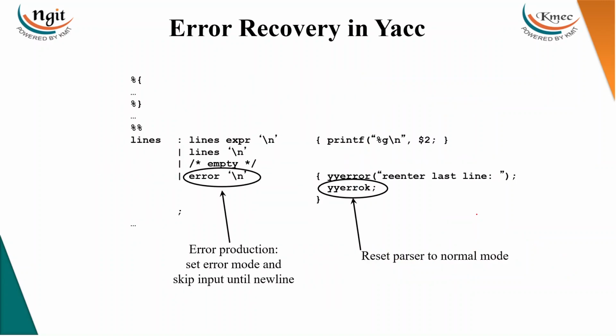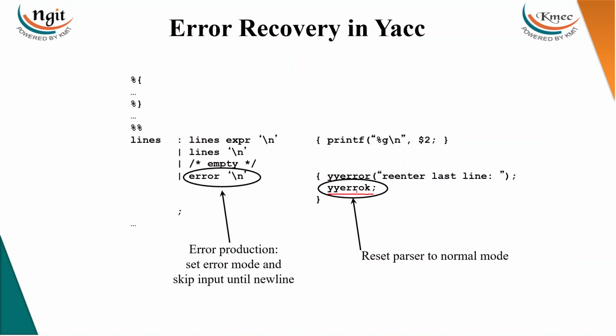Here we have one more concept called error recovery in Yacc. Assume that we have an error here. Set error mode, skip input until new line. Then you can simply reset the parser to normal mode by calling yyerror. Here it is going to be terminated directly. Whenever you get an error, instead of that you can reset it to normal mode by calling yyerror.